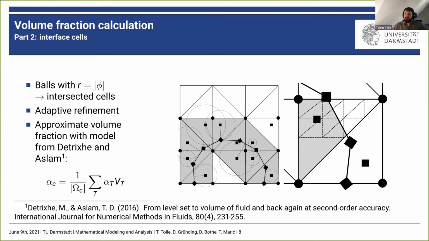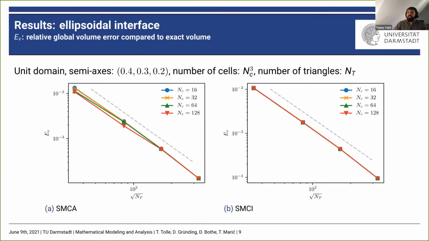Let's have a look at some results. Let's start with a rather simple surface, an ellipsoid in a unit domain. We have looked at the relative global volume error between the volume given by the initialized volume fraction field and the exact volume of the ellipsoid.